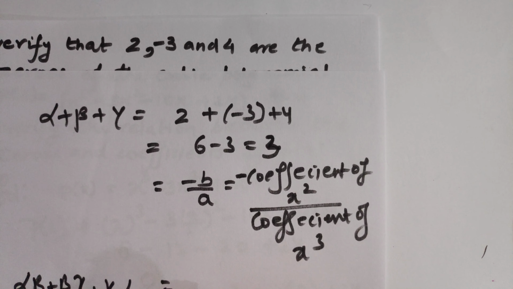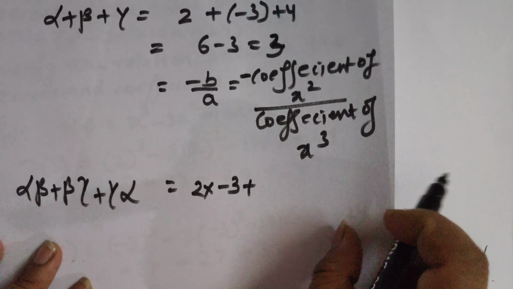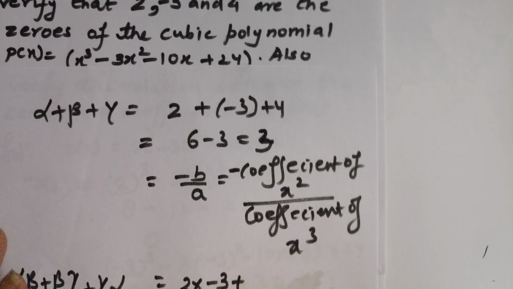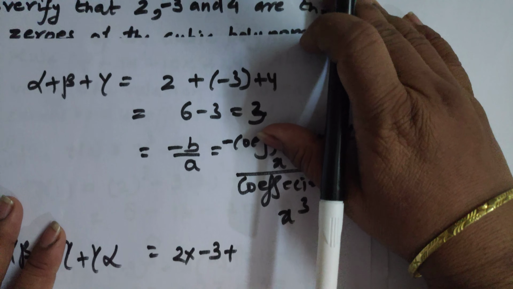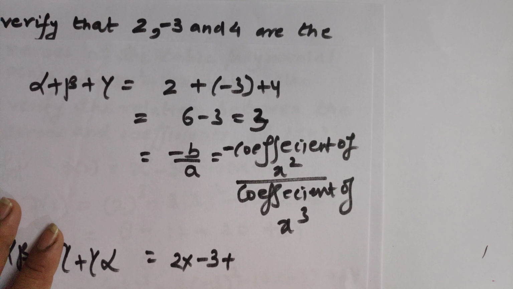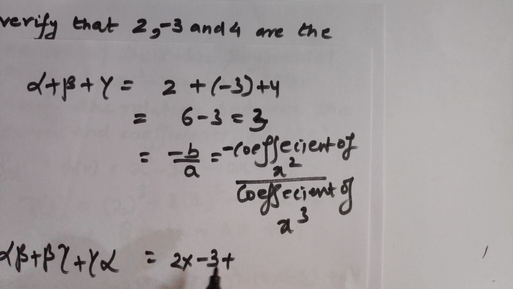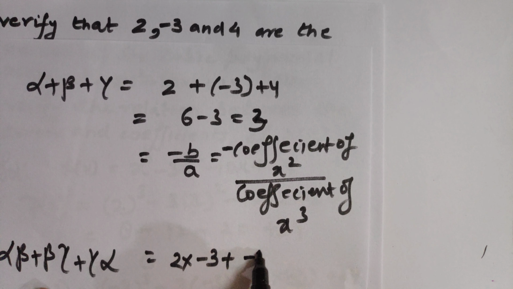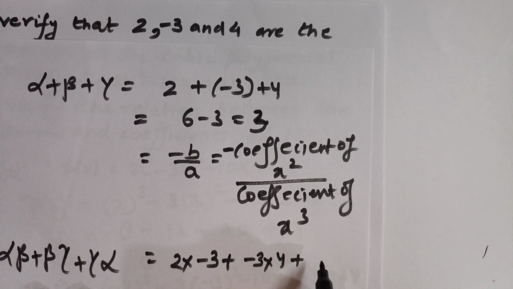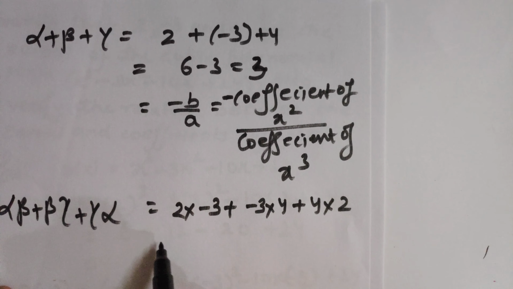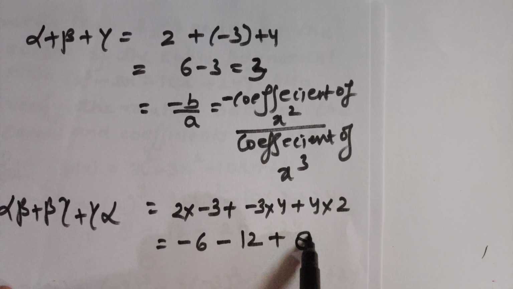So 2 into -3 plus beta gamma, where beta is -3 into gamma, that is 4, plus gamma alpha, that is 4 into 2. Now -6 - 12 + 8.